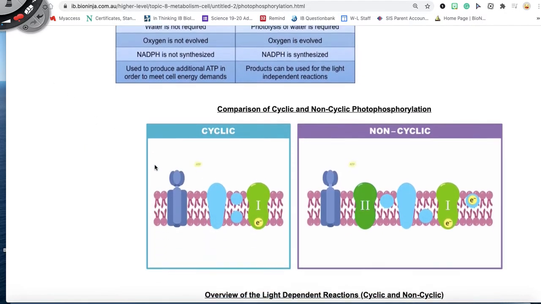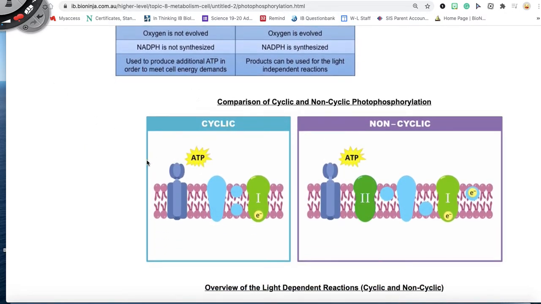So here we see a comparison of cyclic and non-cyclic photophosphorylation. Notice how in cyclic only photosystem 1 is used. In non-cyclic, both photosystems are used. Notice how in cyclic, the electrons that get excited are then used in the electron transfer chain to pump hydrogen in and then out to form ATP, right?